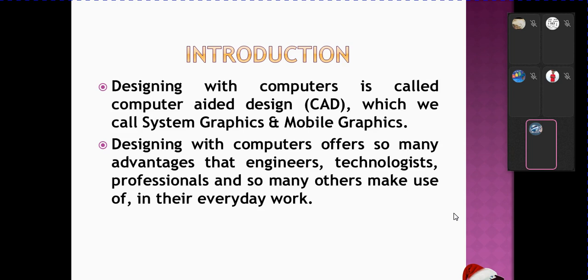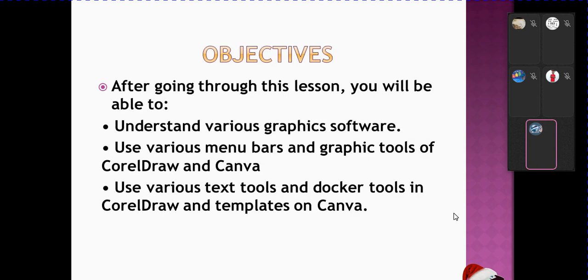I'm very sure that is why most of you want to know this graphics, because there is a particular area of your profession where you want to apply it. That is why you are here today. After going through this lesson, you will be able to understand various graphic software, use various menu bars and graphic tools of Corel Draw and Canva, use various text tools and docker tools in Corel Draw, and templates on Canva.